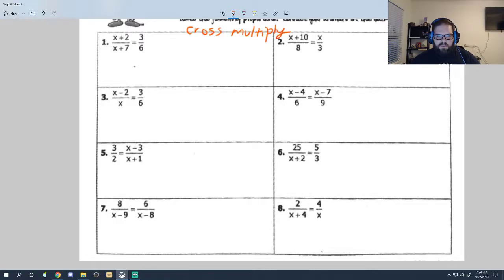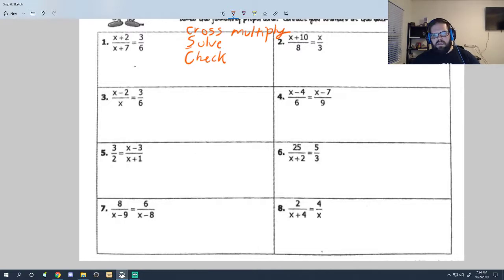So you're going to cross multiply, and then you are going to put your variable in. So you're going to cross multiply, solve, and then check. That's what I'm going to ask of you. If you do these 3 steps, you will 100% get these problems right.